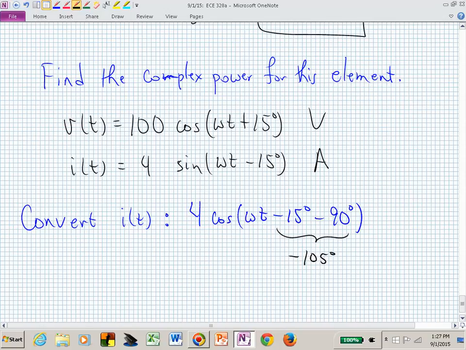The voltage is cosine. Now I can answer your question, is this two-terminal element purely resistive? And what are you looking for if it's purely resistive? Their voltage and current need to be lined up, don't they? They have to have the same phase.